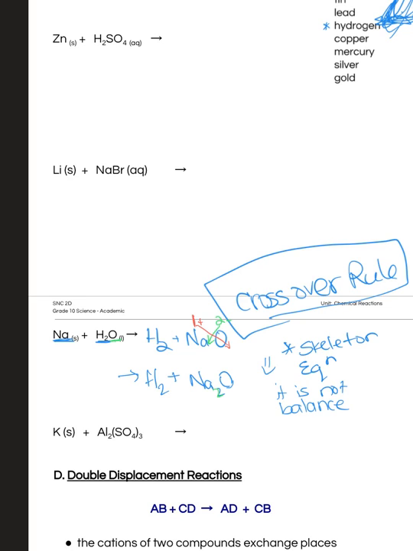Okay, and we're going to go over balancing equations one more time after tomorrow's lesson. Okay, it is not balanced. So, this is kind of where I am with making my equation. So, I only have to use this activity series if I'm doing single displacement reactions.